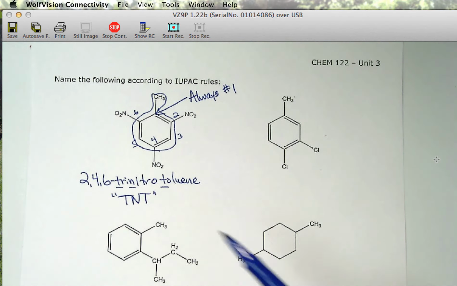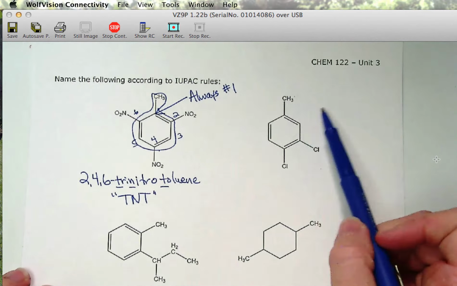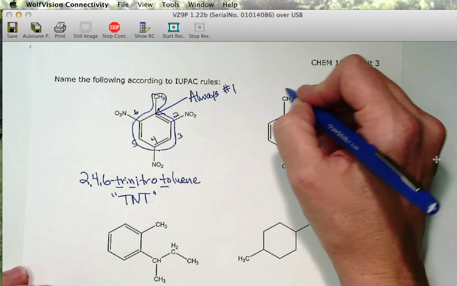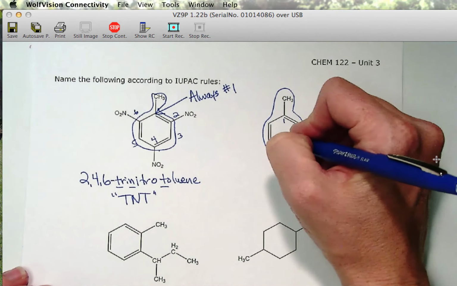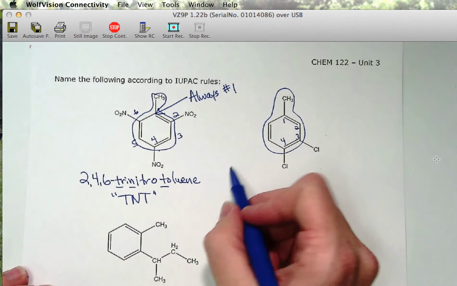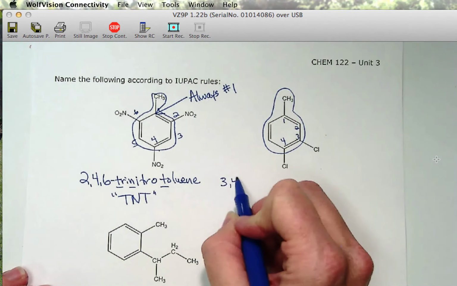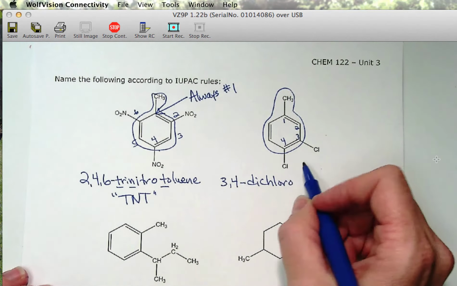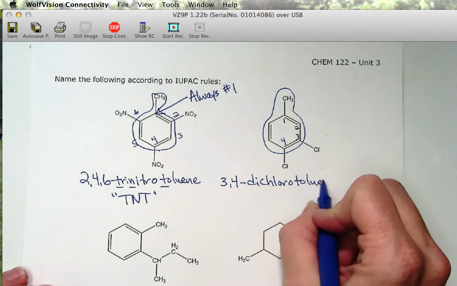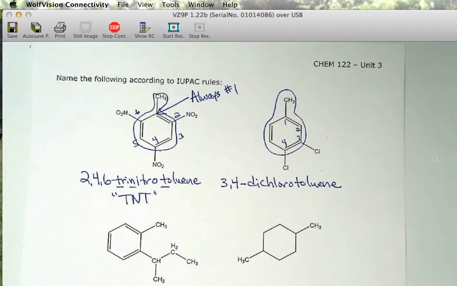If you had 2, you could use it. So toluene is the parent. This is carbon 1, 2, 3, 4. This is 3,4-dichlorotoluene. I don't have to say 1-toluene.